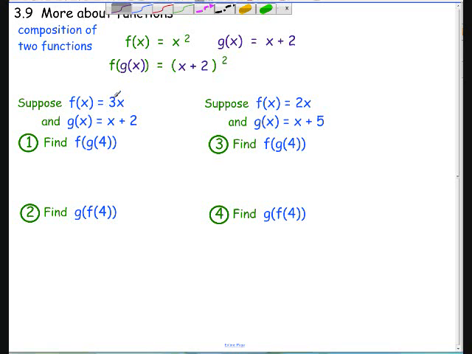If function f is multiplying x by 3 and function g is adding 2, then function f of g at 4 will be function f of, what is g? X plus 2. Oh, wait a second, back up.